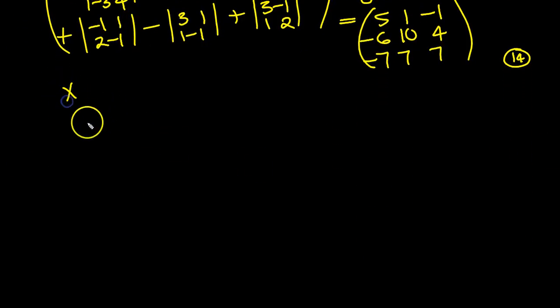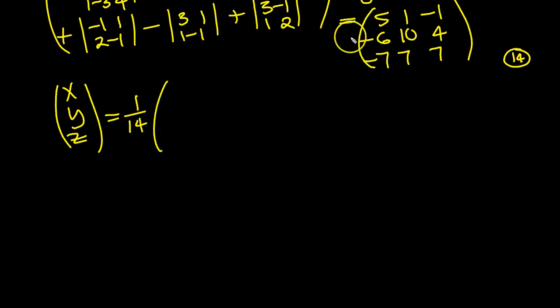So x, y, z then, on the fresh page. So let's just do that then. So x, y, and z is equal to, what have we got then? We've got the determinant, which is 1 over 14, the inverse, which is here, 5, 1, minus 1, minus 6, 10, 4, and minus 7, 7, 7.